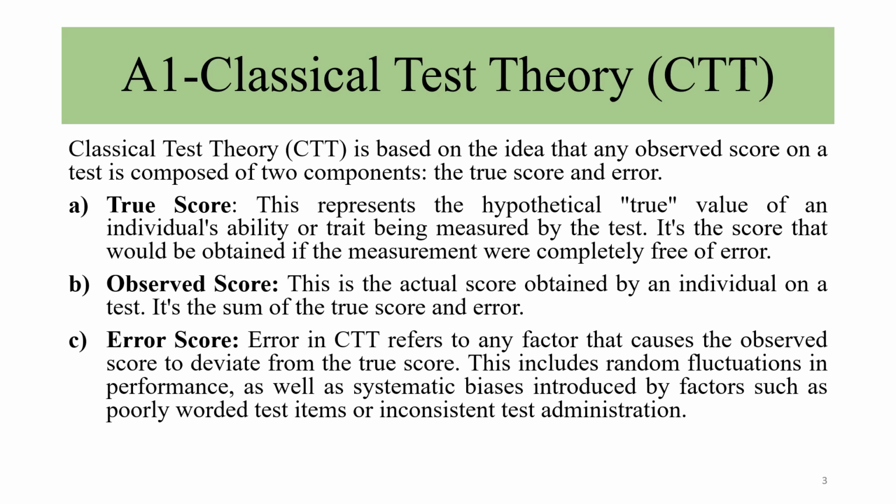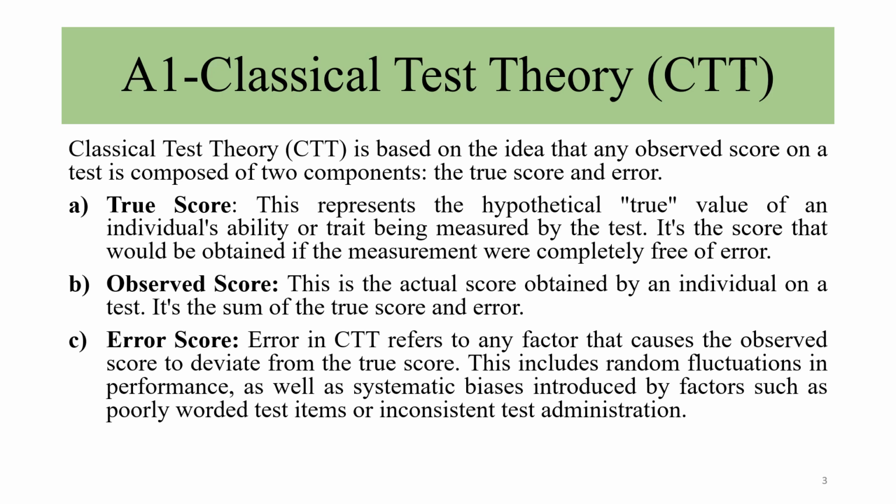Then we come to the error score. Error in classical test theory refers to any factor that causes the observed score to deviate from the true score. So any deviation of the observed score from the true score is actually the error. This includes random fluctuations in the performance, performance meaning the observed score, as well as systematic biases introduced by factors such as poorly worded test items or inconsistent test administrations.